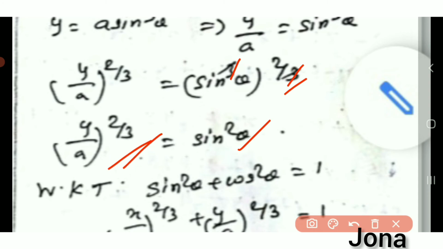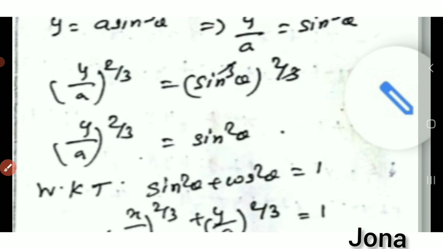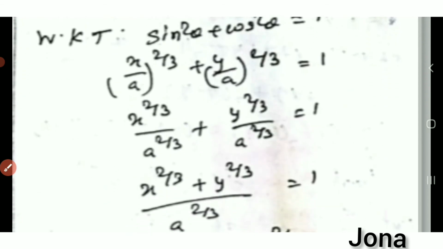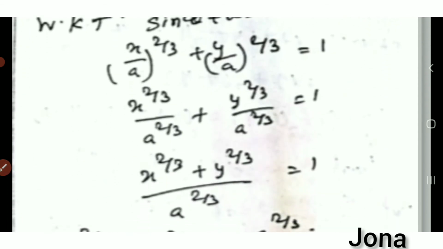Then we know that sin square theta plus cos square theta equal to 1. In this I substitute the values of sin square theta and cos square theta, so that we have x by a the whole power 2 by 3 plus y by a the whole power 2 by 3 equal to 1.